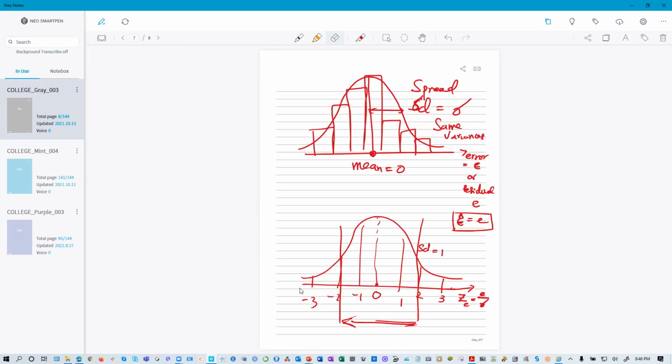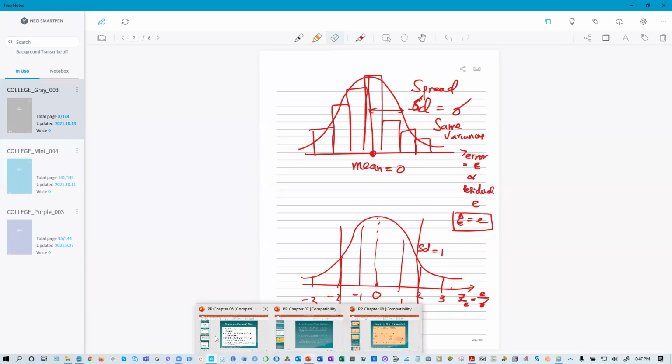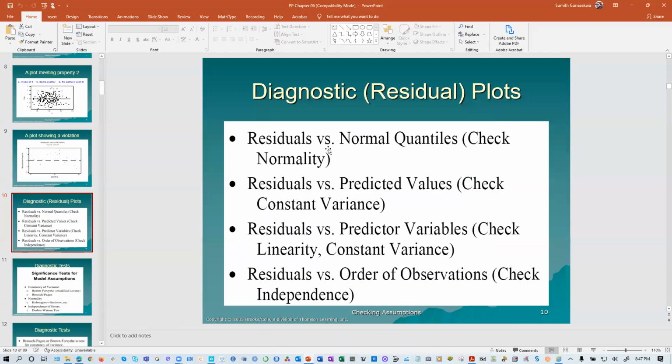These are called the quantiles, the standard normal quantiles: -3, -2, -1, 0, 1, 2, 3. Then we see whether our residuals, which we put on the y-axis, come from a normal distribution by looking at the quantile plot or probability plot. That's the normal quantile plot.